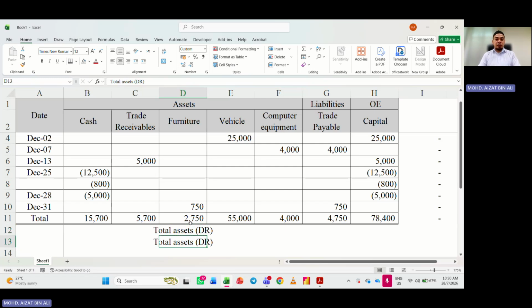Next is the total owner's equity and liabilities, in other words, credit.